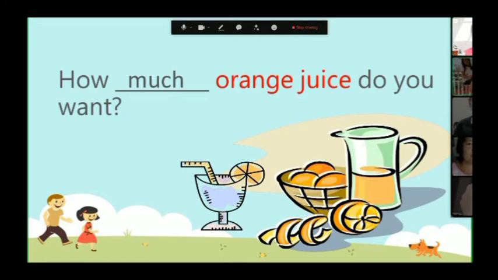Understand? Okay. When the question is how many orange juice do you want, we can use many, but in these examples orange juice is uncountable.